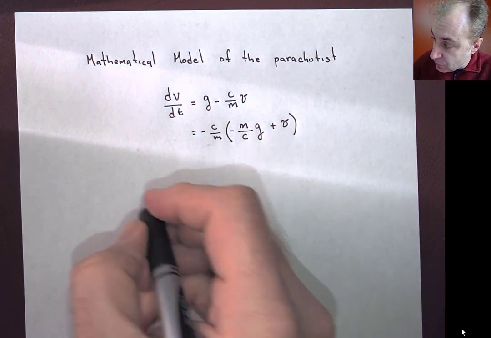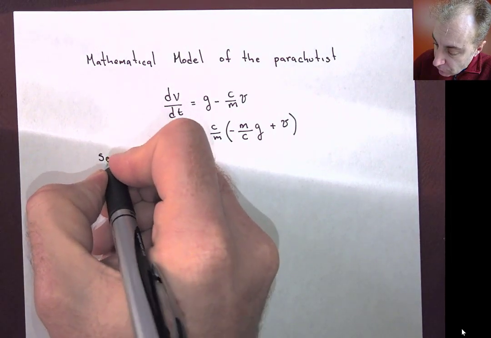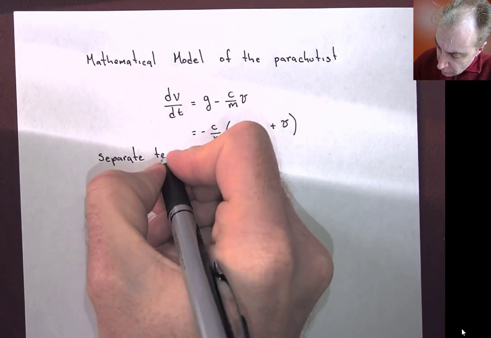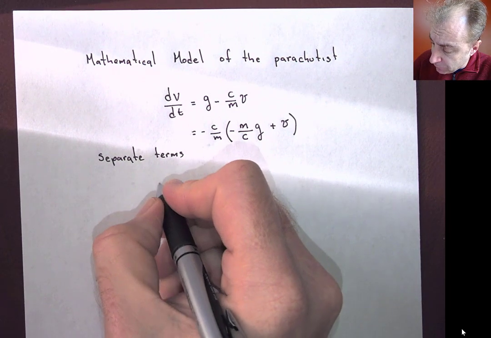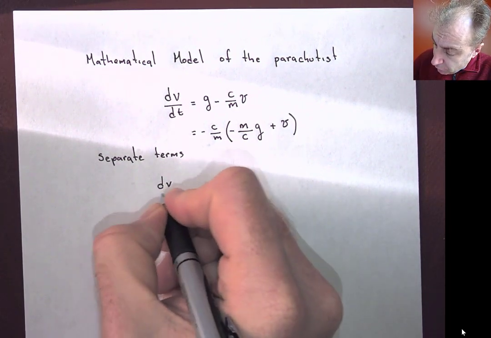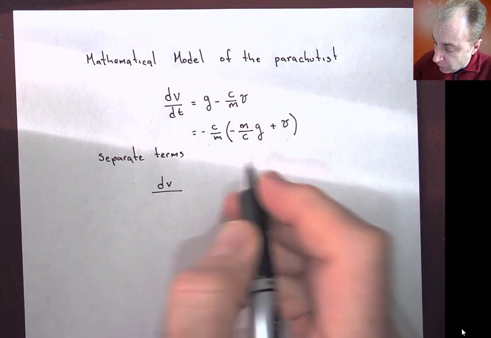So now we're going to separate our differential terms. And we get dv over, and we're going to divide by this portion that we have here.